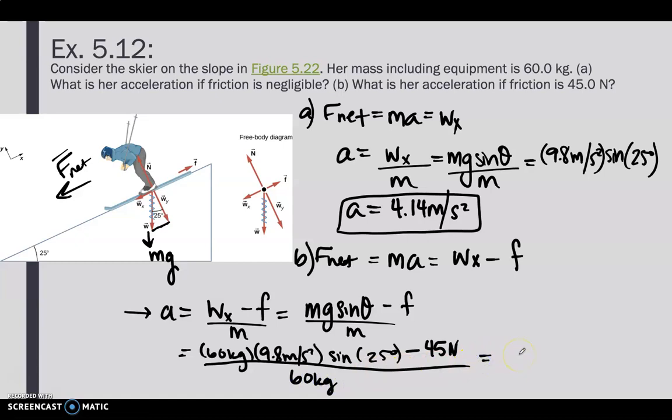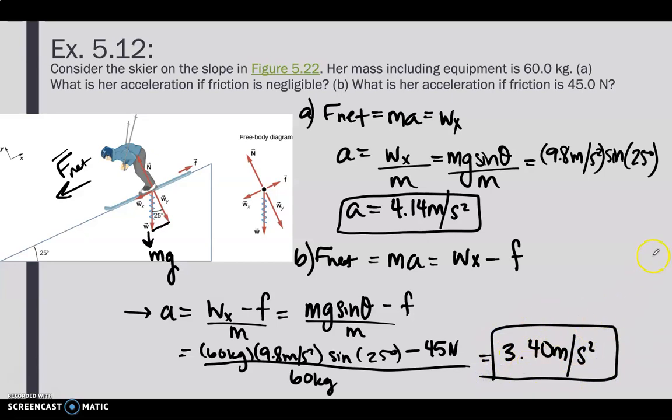So I'll go ahead and put that into my calculator. And I get an acceleration now of 3.40 meters per second squared.